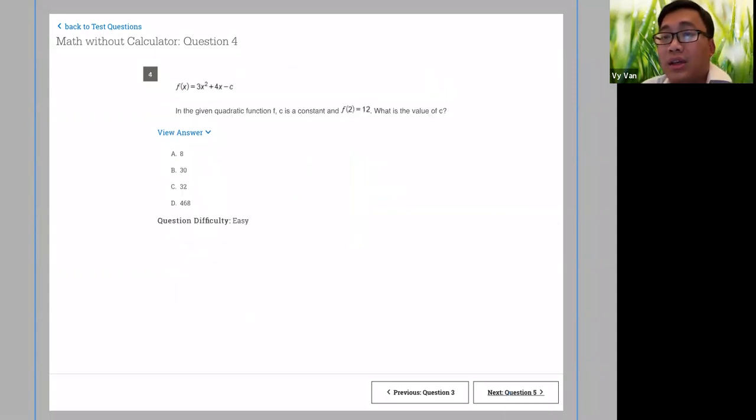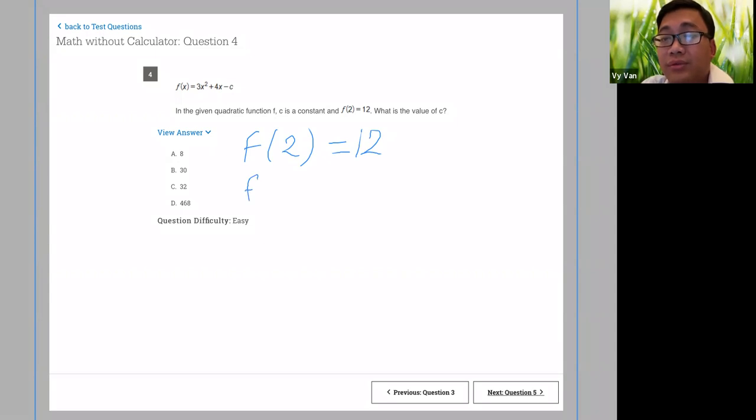Next one. This is also an easy question. This question tests you to recognize function notation. They gave you the function f of x, and another piece of information, f of 2 equals 12. So what does f of 2 equal to 12 mean? All you have to do is replace x with 2 in the original function.